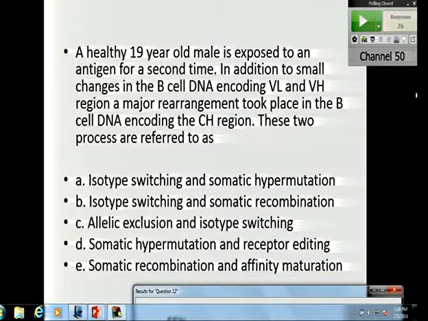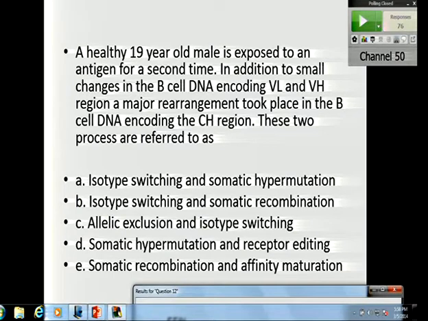Okay, so what's this? In addition to small changes in the B cell DNA encoding the variable region of the light and heavy chain, after encountering an antigen, what is that called? Somatic hypermutation. And there is also a change in the constant portion of the heavy chain.